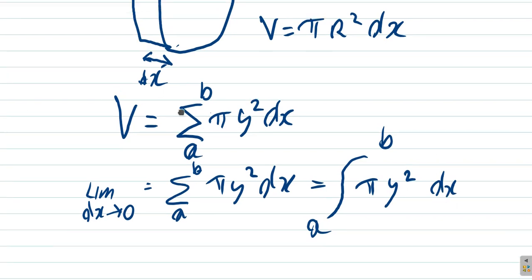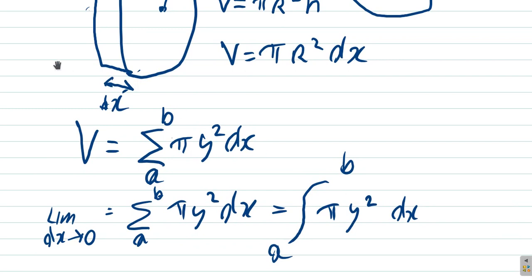In some cases you have a lowercase d before, but before you reach the approach towards 0, you may see examples where these d's are, for example, considered delta x, and then when it approaches 0 they change it to dx.